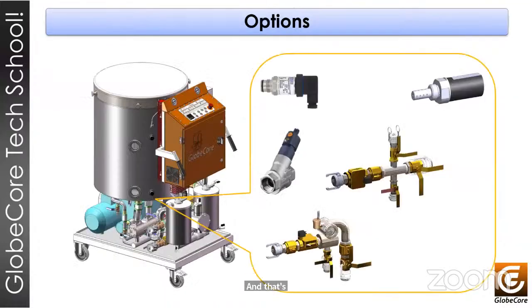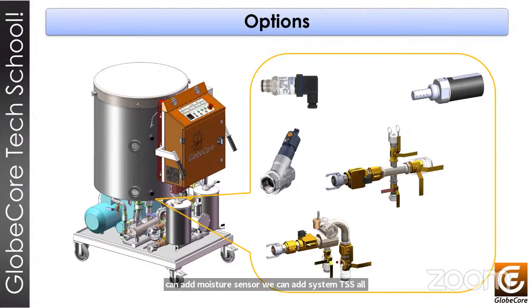Okay, we have different options to add to the machine. We can have different sensors. We can add particle sensors, we can add moisture sensors, we can add a TSS system.